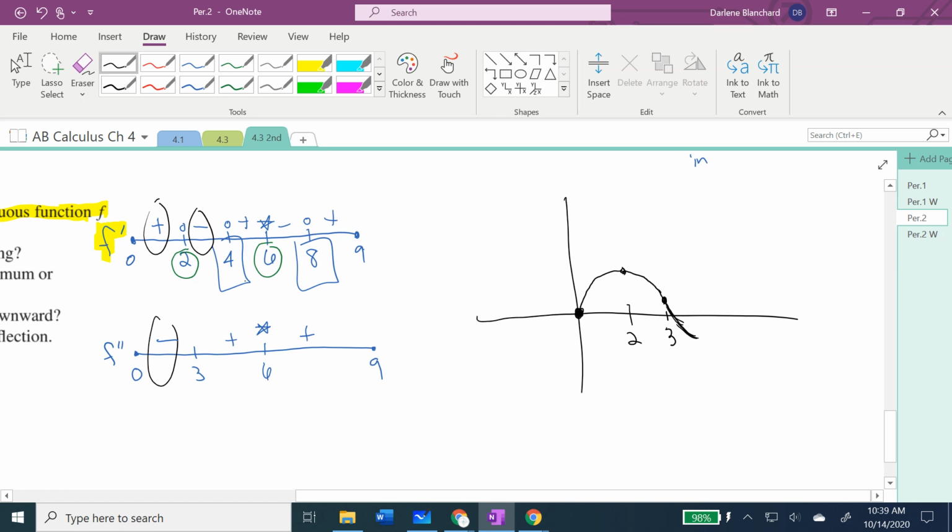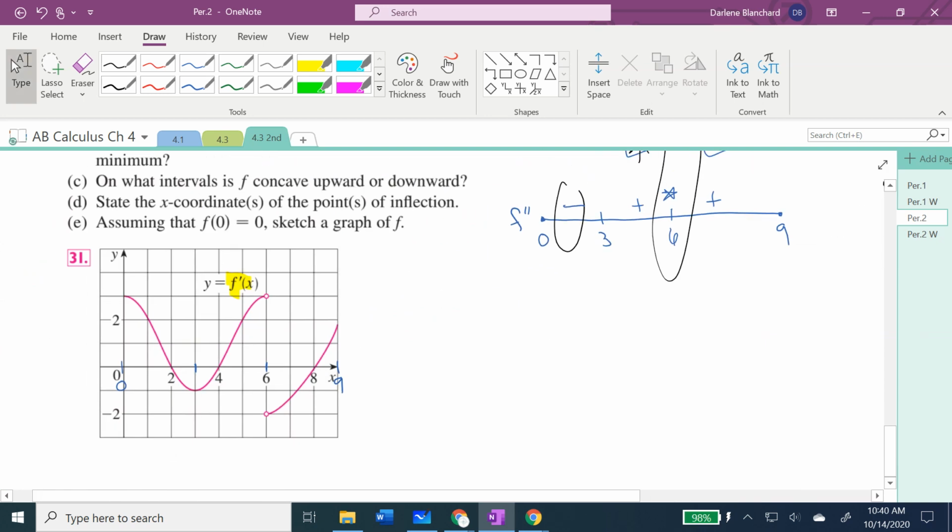Now the next big thing is 4. I have a 0 slope and I change from heading down to heading up, but I keep a smile that whole time. So I hit that relative minimum and start heading up. There's 4. The next big thing is 6, where something weird happens. We were told this function was continuous. So if you look at the original function, from the left, you have a slope of 3.